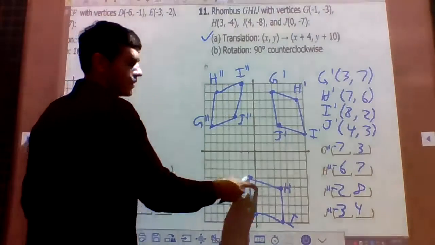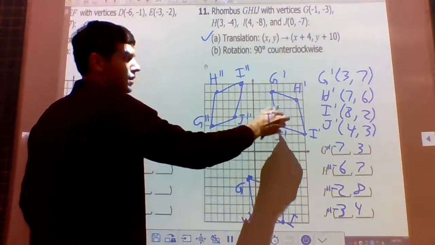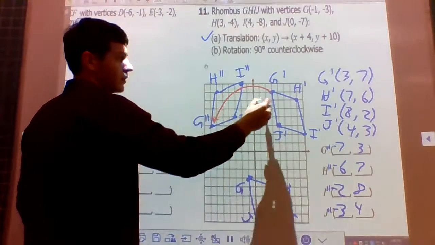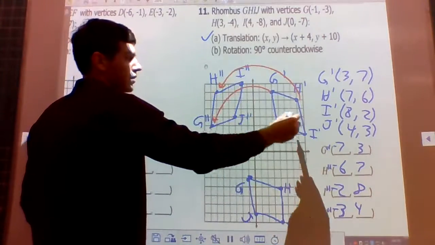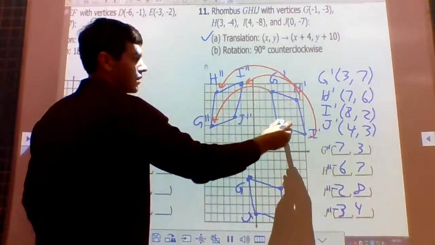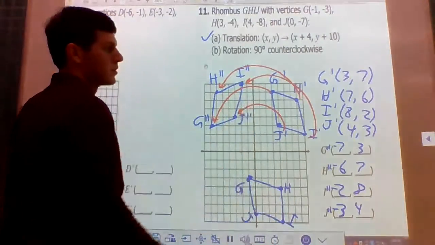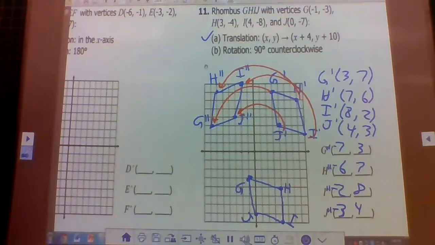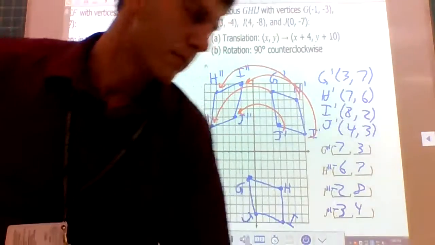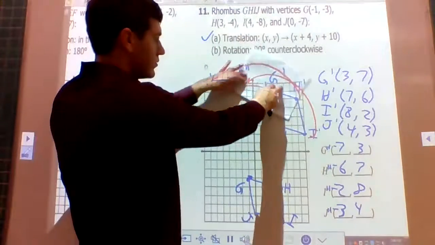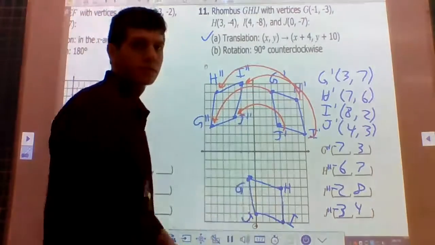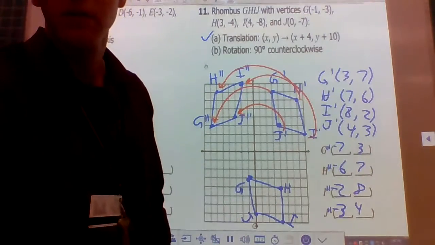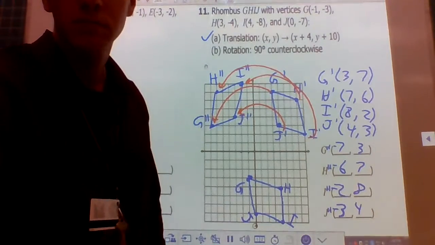And so we translated over 4 up 10, and then we've rotated 90 degrees. Okay, each one of those has been rotated 90 degrees, right? Yes. Okay, and that is the rotation.